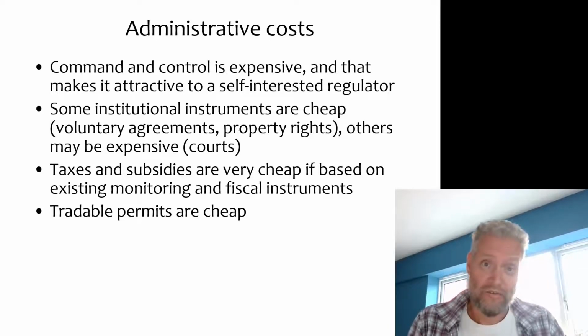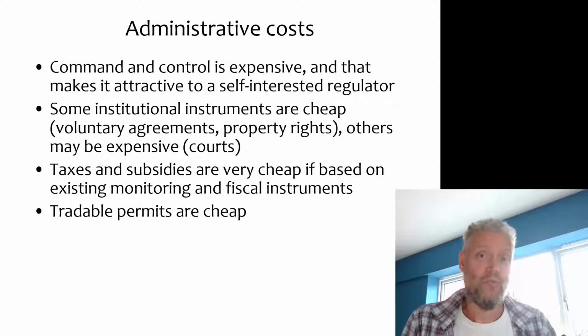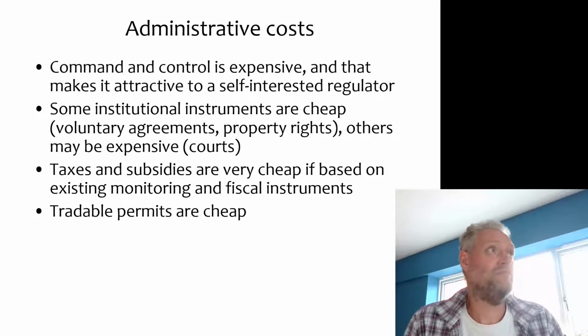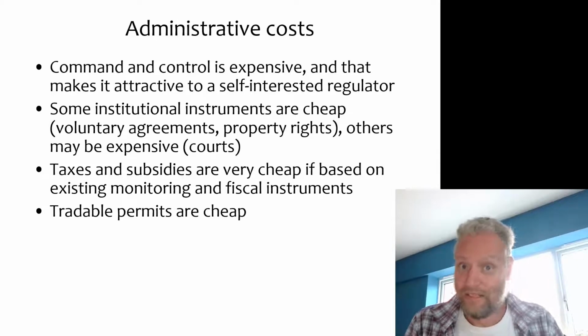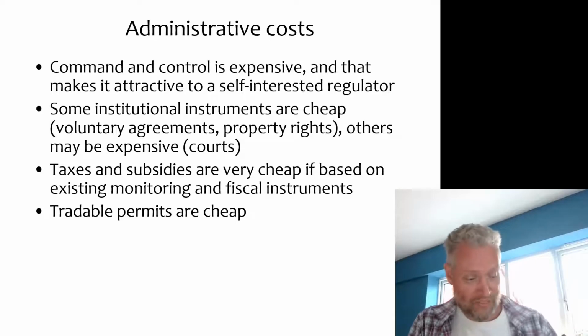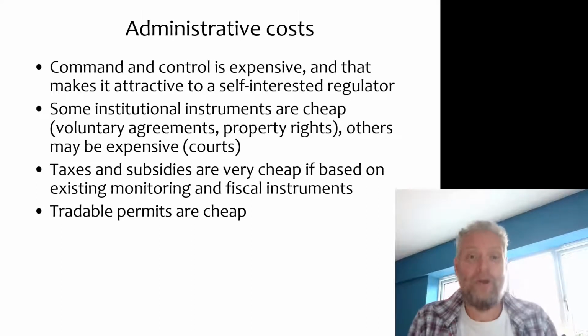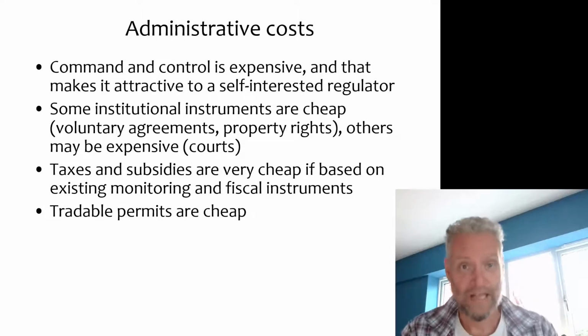Same is true for monitoring. Of course, if you tax something, you need to know what to tax. If a tax relates to energy or to agriculture or to things like that, then it is relatively cheap because we closely monitor these things already.